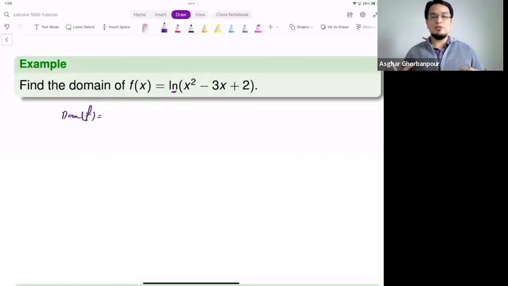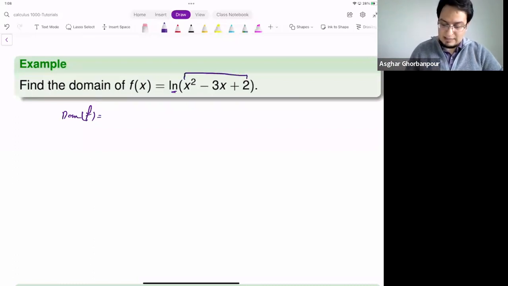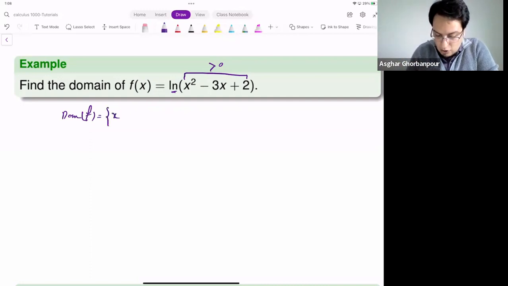Now, after introducing inverse functions, inverse trig functions, inverse exponential functions, we have new restrictions. As you saw up above, we can only find ln or log of positive numbers. So the domain of this is all the real numbers which make the input for ln bigger than 0.